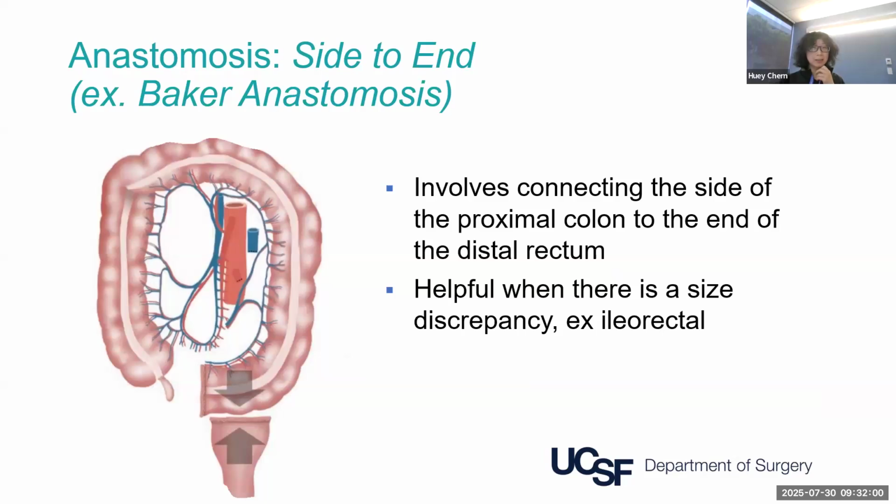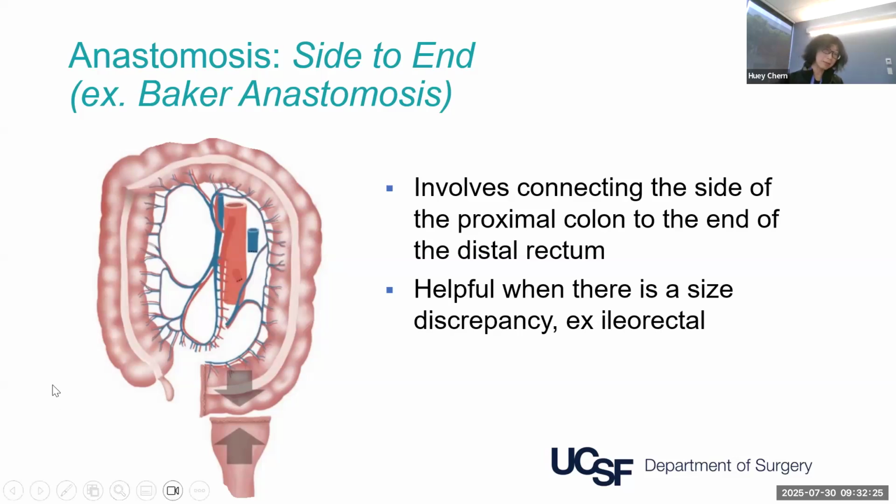There's also a side-to-end anastomosis that we do. We would use that when there is a size discrepancy, rather than doing an end-to-end. Maybe ileorectal anastomosis is a very common one. People don't do an end-to-end there. Usually it's done with the side-to-end anastomosis.